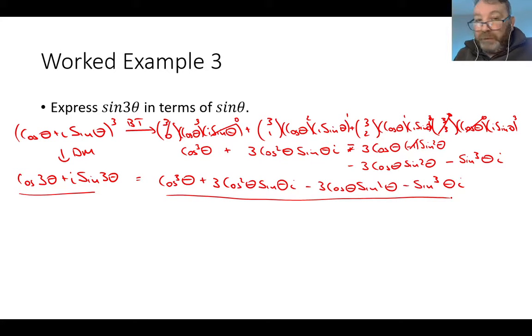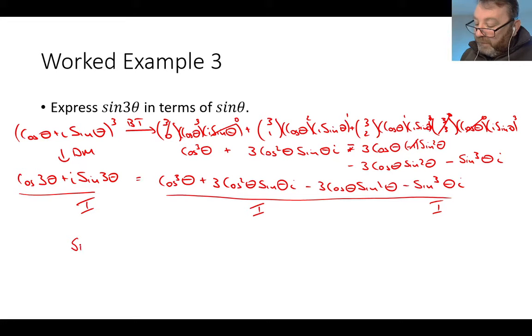So let's go back to what we were asked to express. Express sine 3 theta. Well, sine 3 theta, you'll notice, is part of my imaginary answer on the left hand side. So therefore we're going to take that and we're going to equate it to the other imaginaries on the right hand side. And let's see what we get.